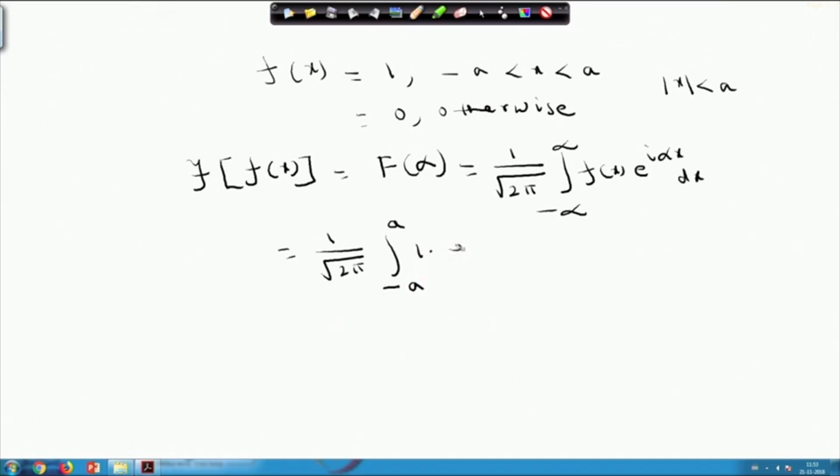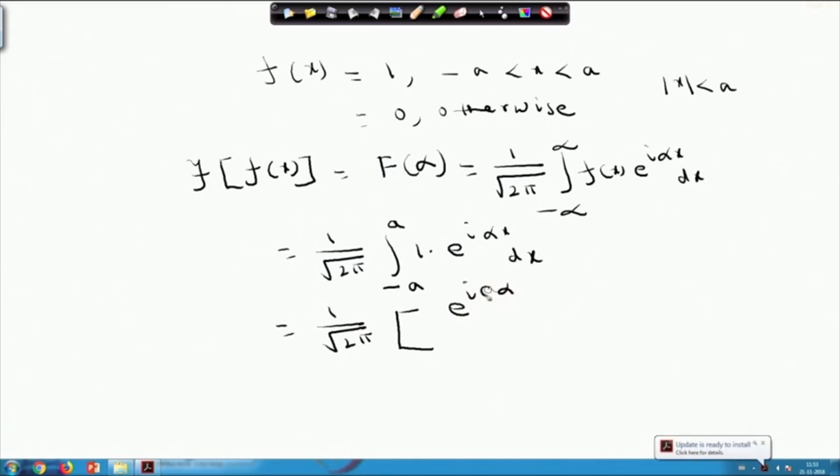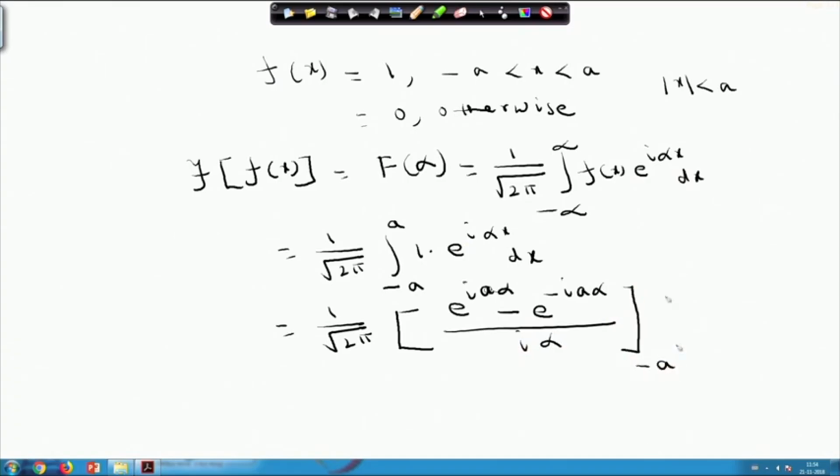So, it is 1 into e power i alpha x dx, and if you just evaluate the integral, this equals 1 by root over 2 pi into (e power i a alpha minus e power minus i a alpha) divided by i alpha, where the limits are from minus a to a.